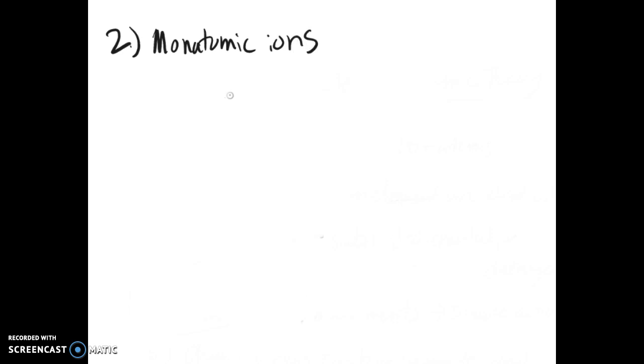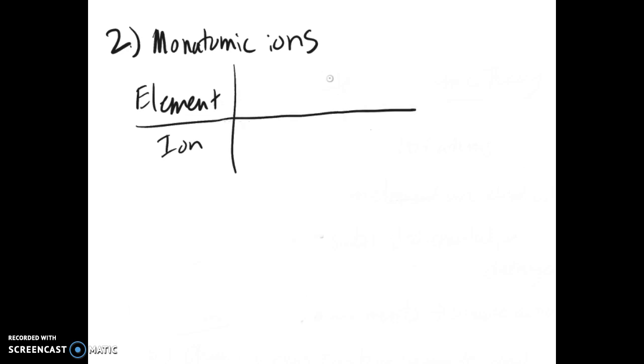Now, number 2 that we need to talk about, like I said, is monatomic ions. Now, you need to look at it through this little table here. Element, just the ion. And we're just going to go through 2 examples.